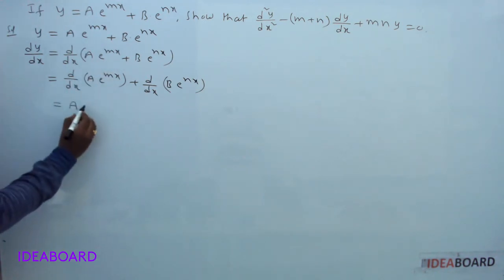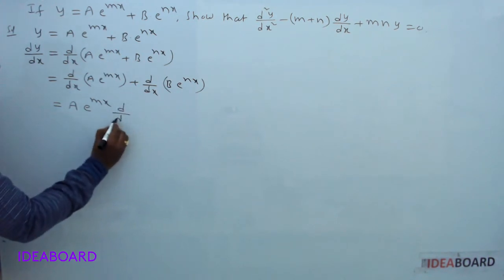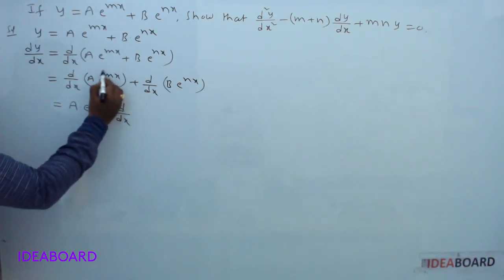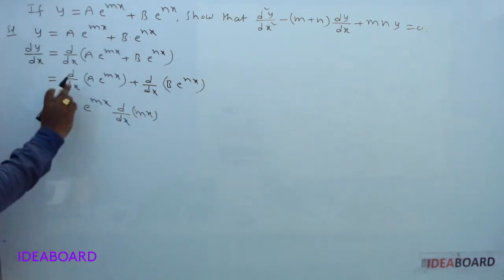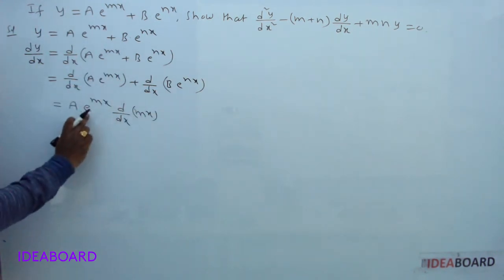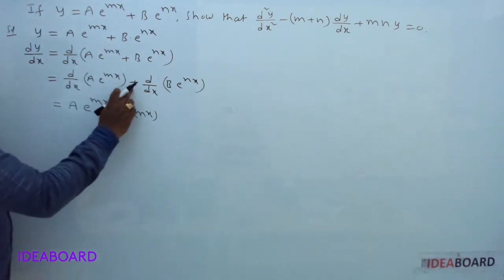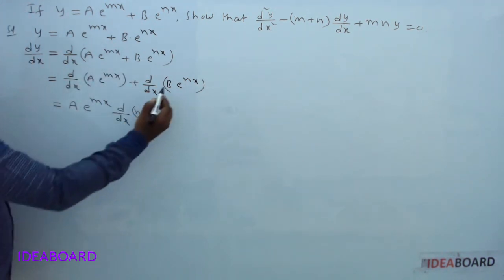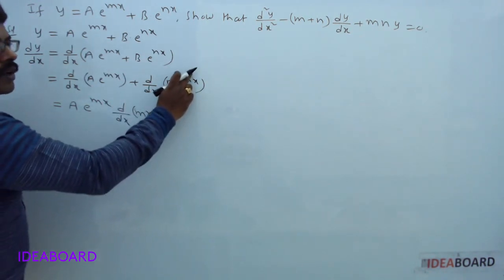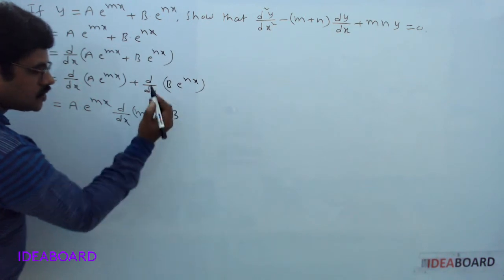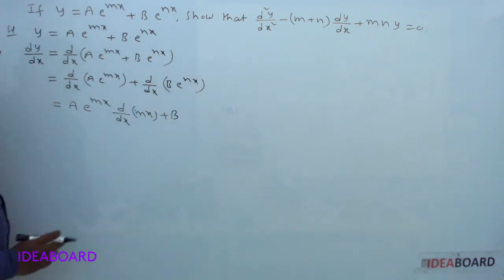Derivative of e power mx is e power mx into derivative of this power function, that is nothing but mx, plus, now here b is the constant term, so derivative of b into e power nx can be expressed as b into derivative of e power nx.